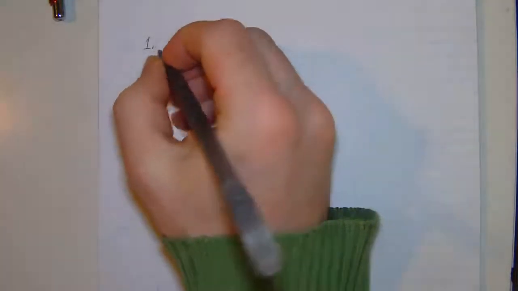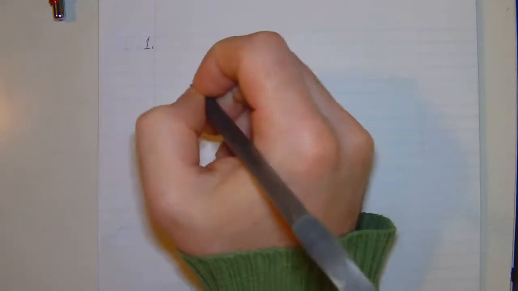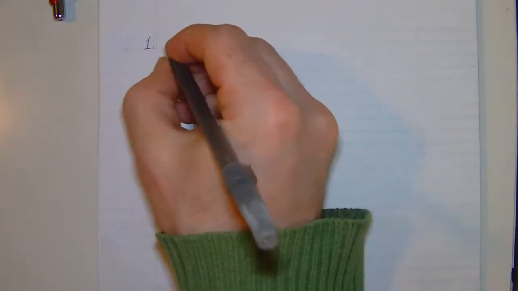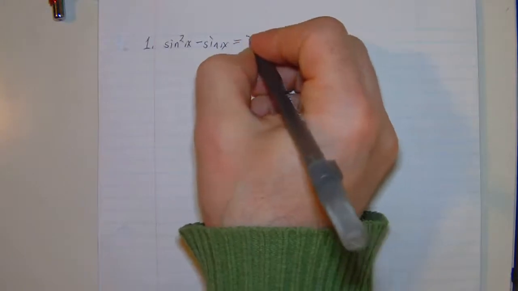All right, so taking a look at question 1, we're solving for x on the interval between 0 and 2 pi. We have sine squared x minus sine x equal to 2.